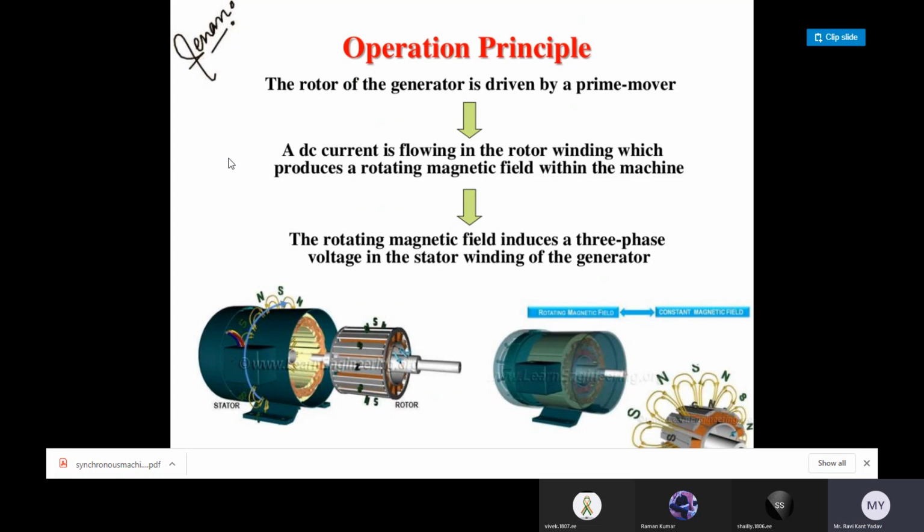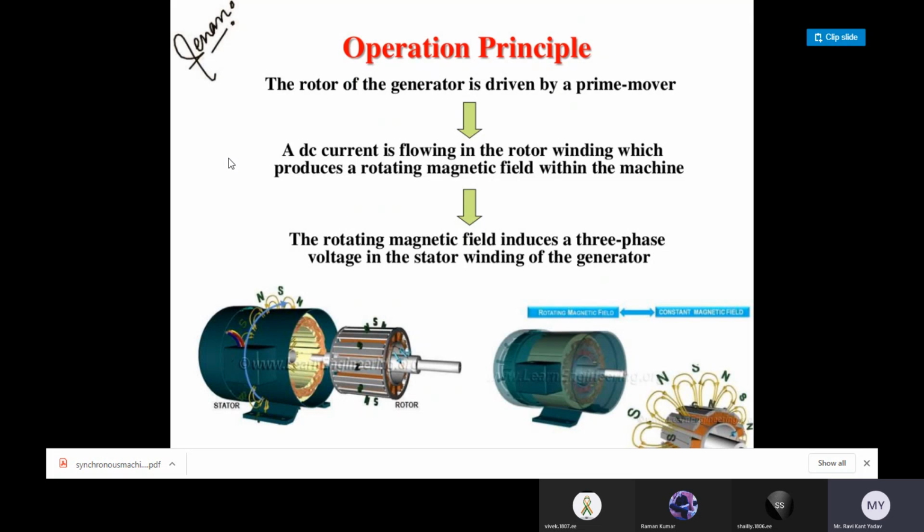The rotor is supplied by DC. The rotor is connected to the DC supply, which creates a permanent magnet. One magnet is generated as south and the other as north, fixed. One is the north and the other is the south. And with the help of the prime mover, we are providing kinetic energy.